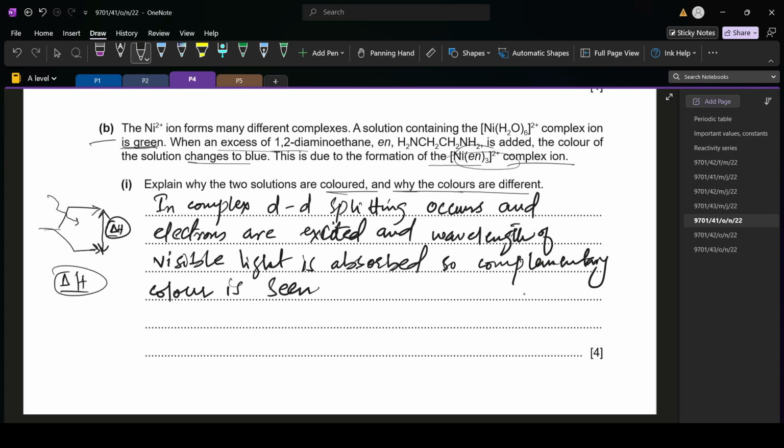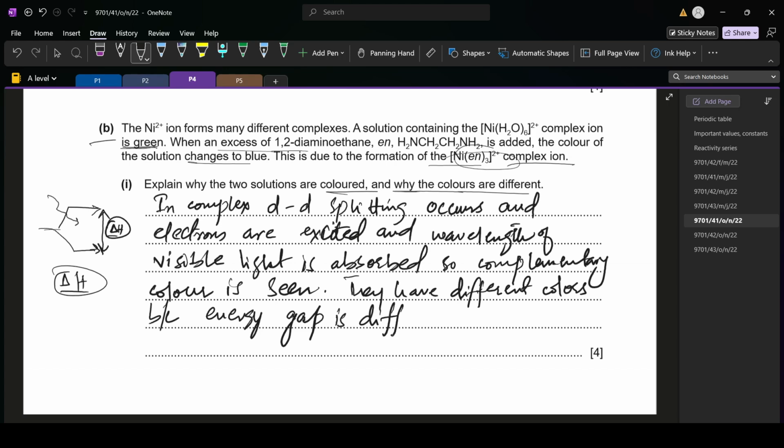So they have different colors because the energy gap is different, or you can also write that the wavelength absorbed is different, or a different frequency or different wavelength of light is absorbed.